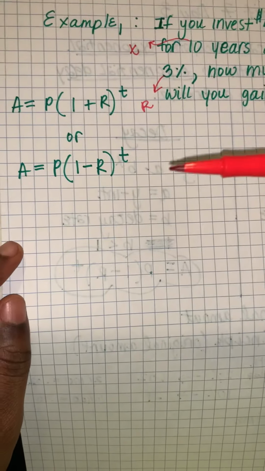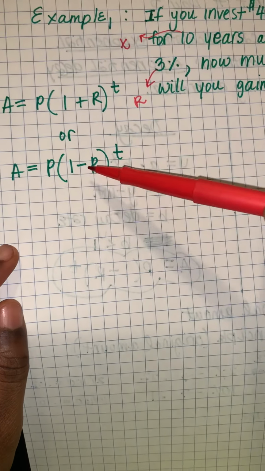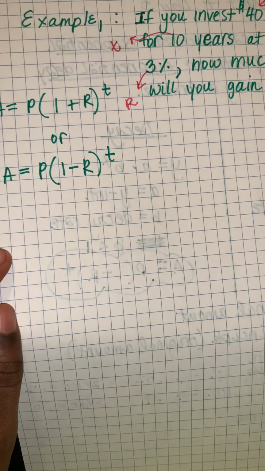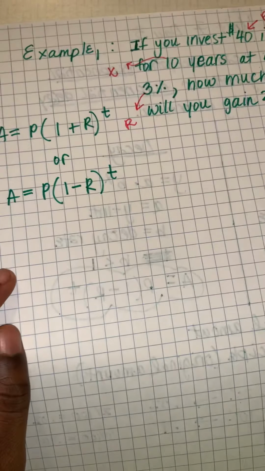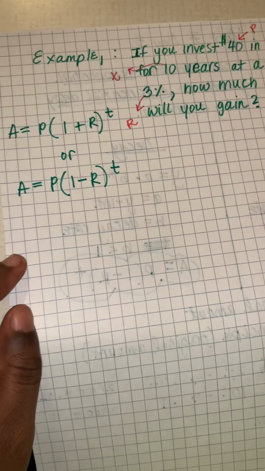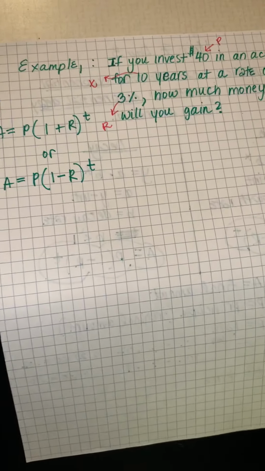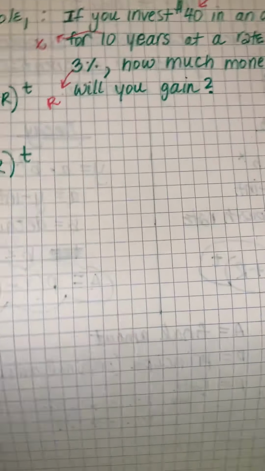What formula am I going to use? Am I going to use the one that has a plus, or the one that has a minus sign? Again, remember, it's either an increase or a decrease. Look at your problem and see if you can spot a word that talks about an increase or decrease.